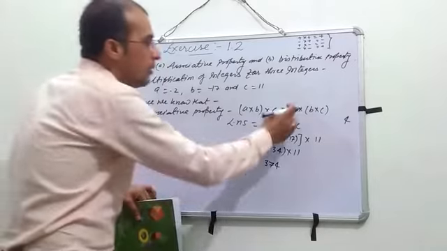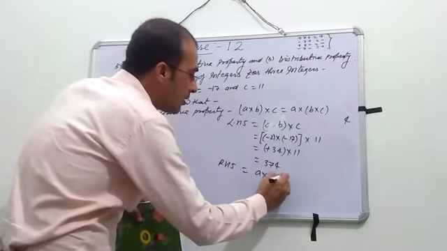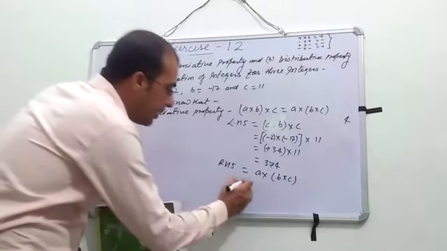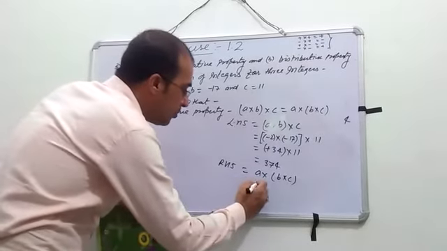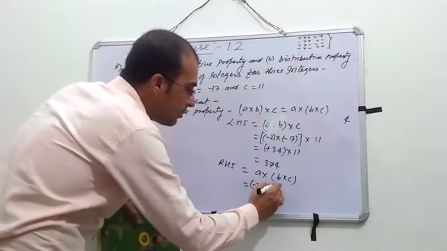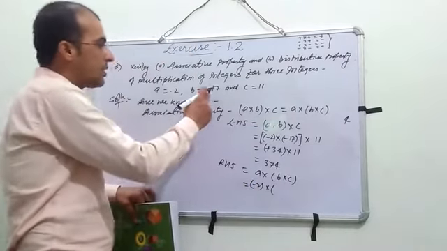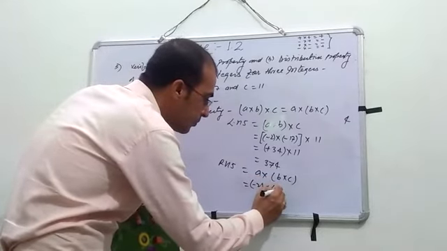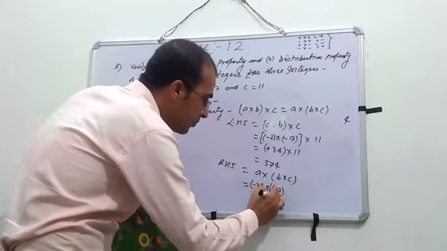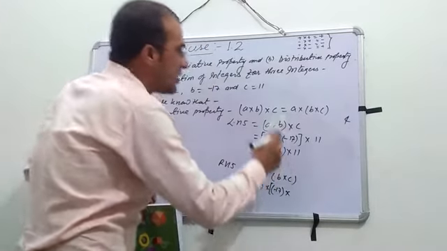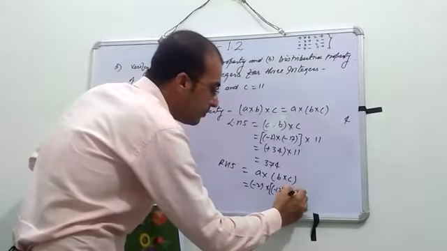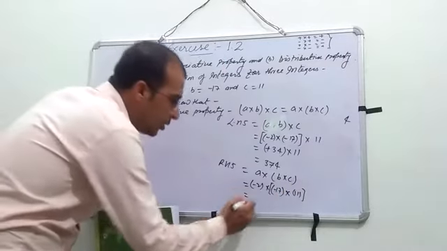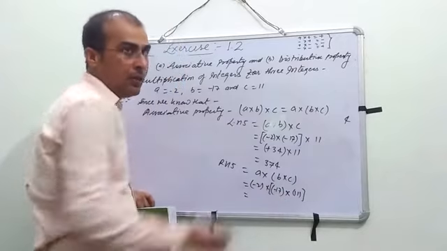What is RHS? A cross B cross C. Is it clear? What is A? A is -2. What is B? B equal to -17. Into what is C? C equal to 11. Again you will multiply 17 into 11.